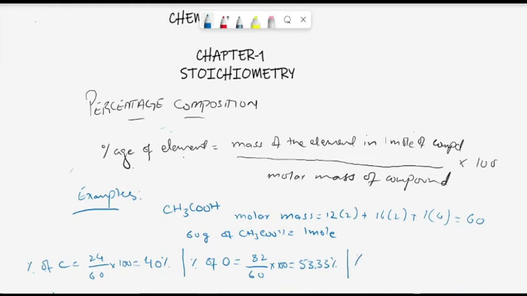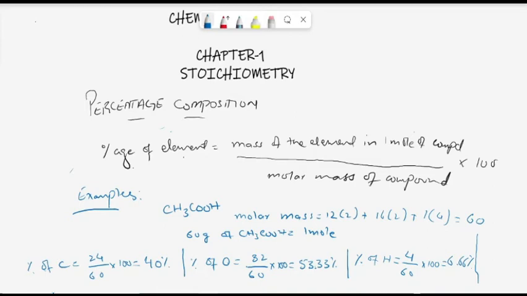For hydrogen, in 60 grams of acetic acid, we have 4 grams of hydrogen. So 4 divided by 60 multiplied by 100 is equal to 6.66%. Now let's add all the three quantities and let's see if it is equal to 100 or 99.9%.